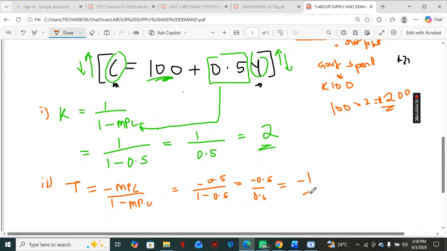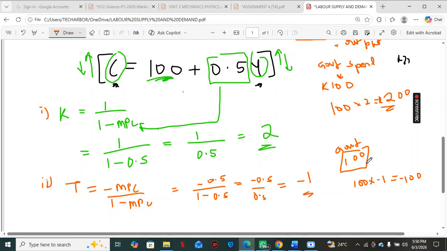So how do we interpret this? If government increases taxes by 100 kwacha, spending within the economy will drop by 100 times negative 1, so spending is going to drop by 100 kwacha.